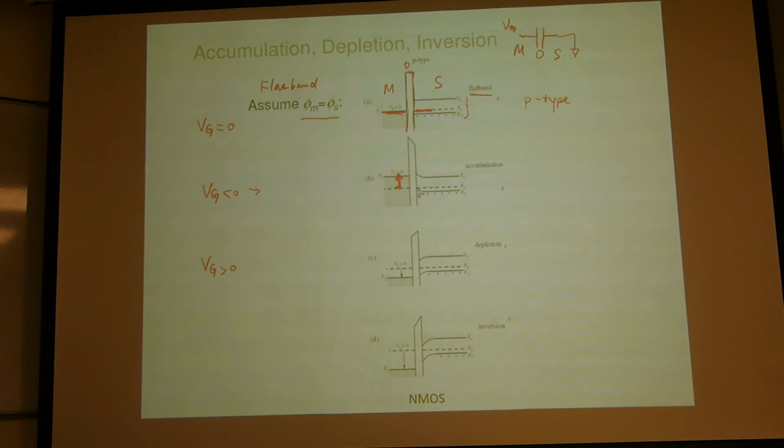So you only change the metal Fermi level here. Then the Fermi level is up, so the band will all be pulled up. This band will bend like this. If the band is bent like this, that means here you are going to get more holes.